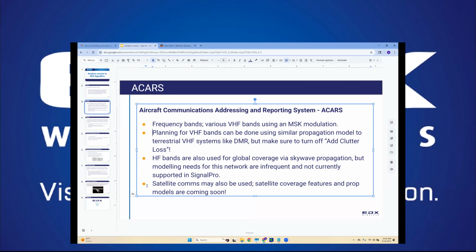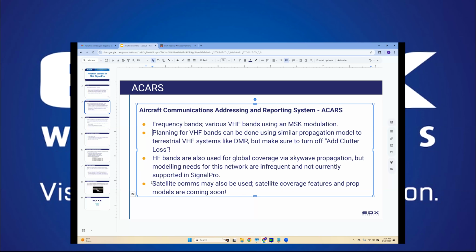The other piece of the puzzle there is satellite communications. We have GPS confirming the aircraft's position, and then there's also the potential, especially for polar flights and or long distance, intercontinental flights.